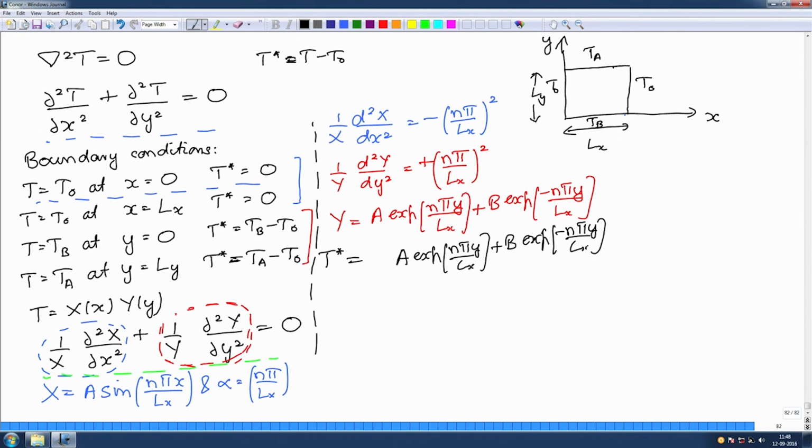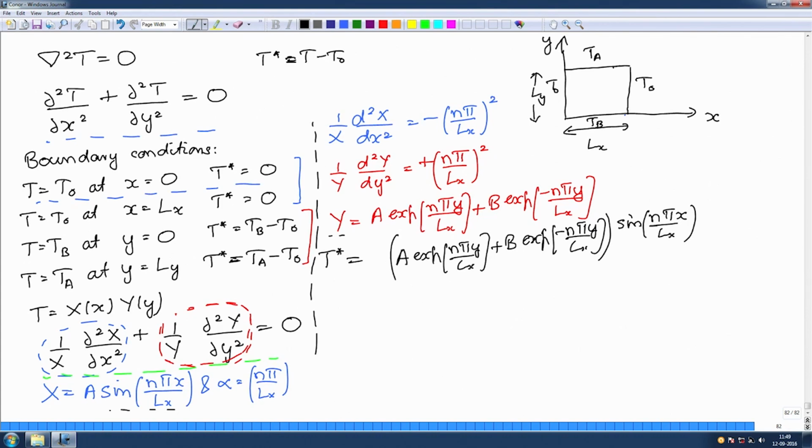This whole thing, this is capital Y, has to be multiplied by X. Therefore, I have to multiply this by sine of n pi x by Lx. So, this is the solution.